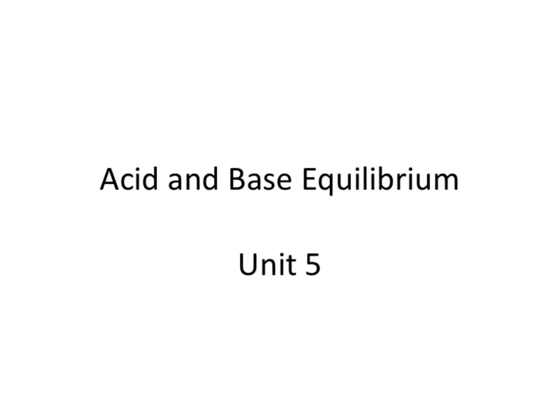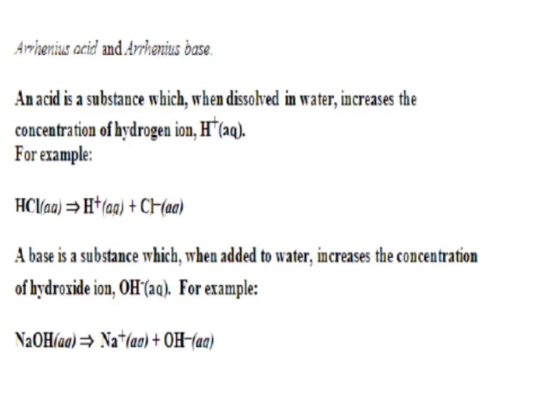Okay, acids and bases. So let's take a look at the different types of acids and bases. This is just going back to your previous knowledge. You have an Arrhenius acid and an Arrhenius base. An Arrhenius acid is one that, when it's dissolved in water, increases our H plus concentration.